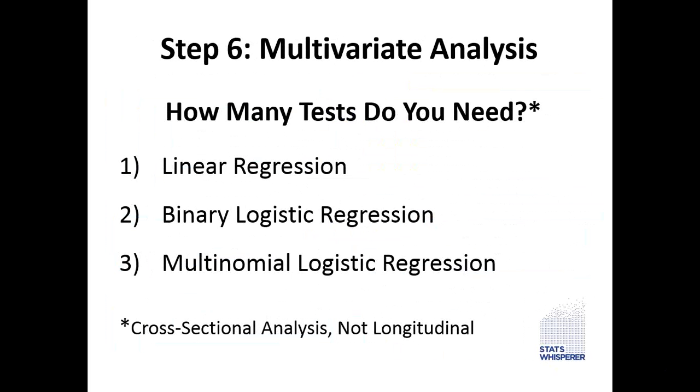We used linear regression and binary logistic regression, two. And then third, multinomial logistic regression, which we won't get into today, but we want to mention it, for somewhere down the road.